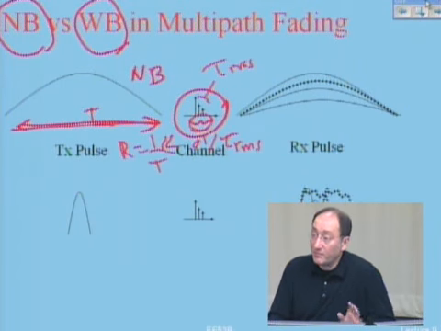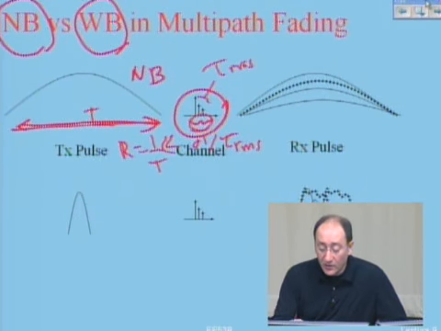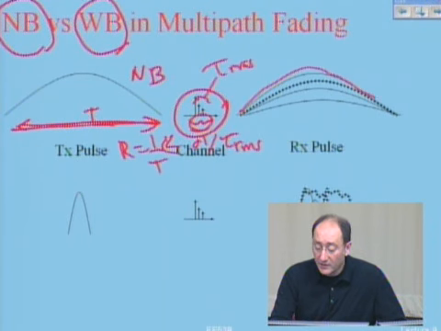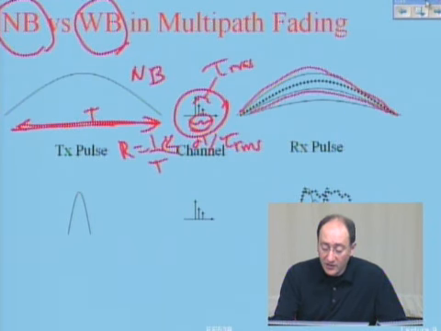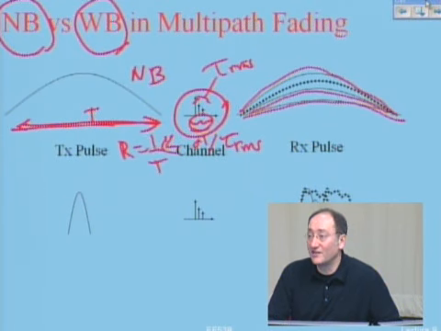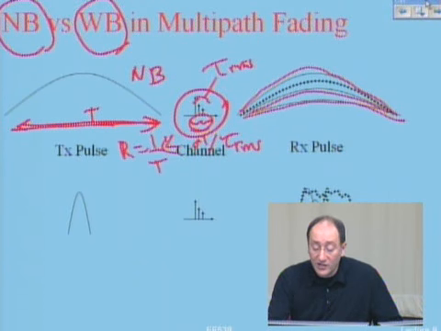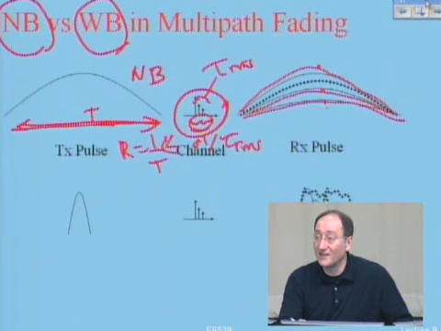Okay? I mean, picture-wise, what will happen is that in cases like that, I send the pulse, first path comes in here, second path comes in here, third path comes in here. They are almost on top of one another. All the paths are coming on top of one another. But these signals have different phase.